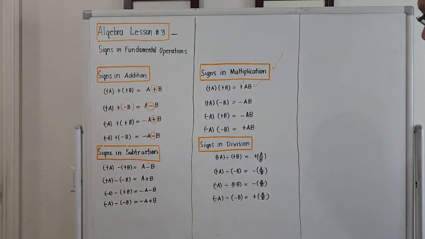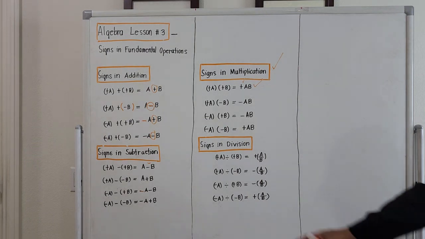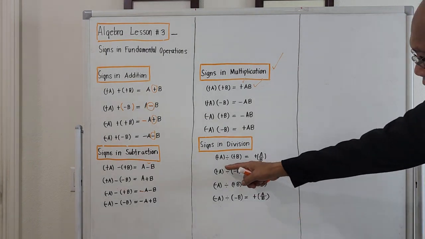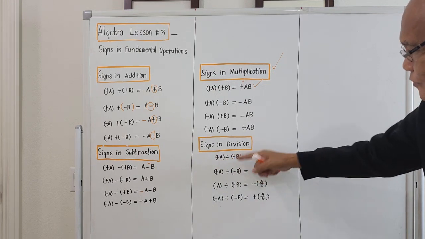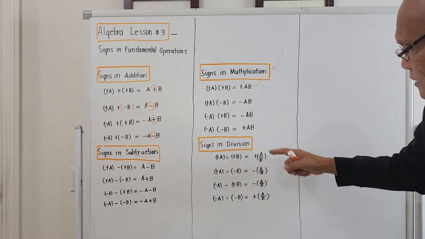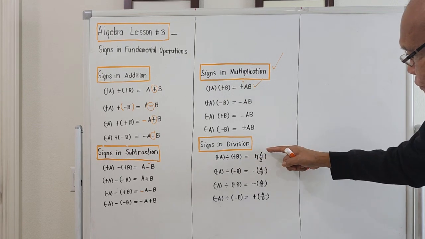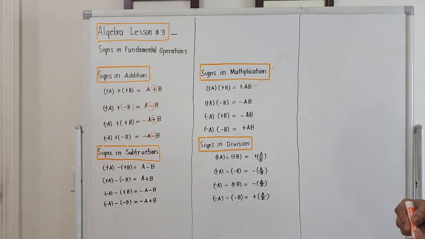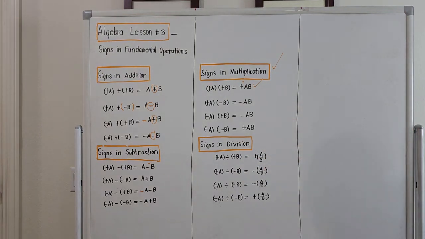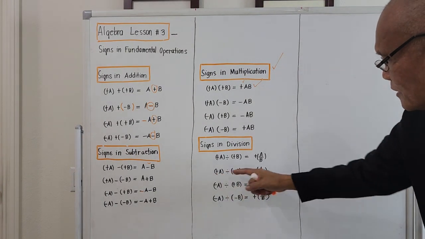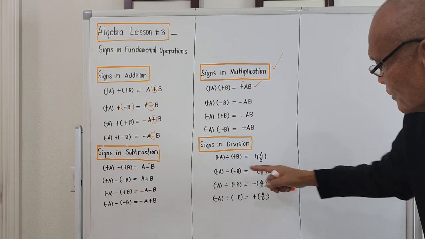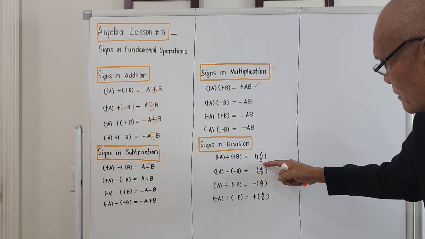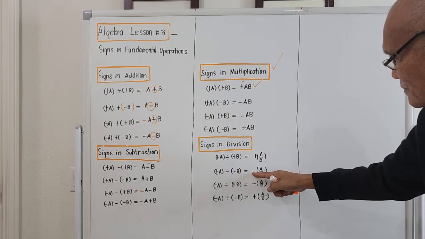Okay, for the division. First one, if they are both positive, A divided by B should be equal to, a plus and a plus will be a plus, the ratio A over B. Second one, a plus A divided by a negative B. A plus and a minus will be a minus, the ratio A over B. It should be a minus.